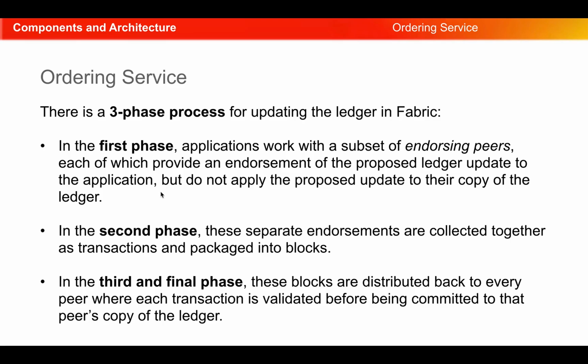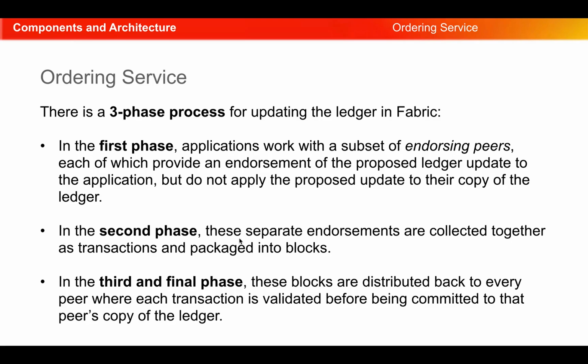So in the first phase, the application sends an update transaction to the endorsing peers, who provide an endorsement and the proposed ledger update back to the application. At this point, the peers do not apply the update to their copy of the ledger. This update happens after the third phase, which we will see next.